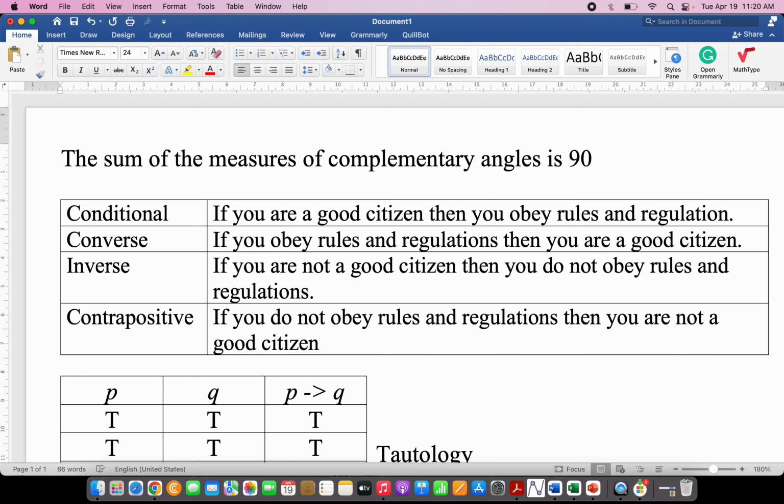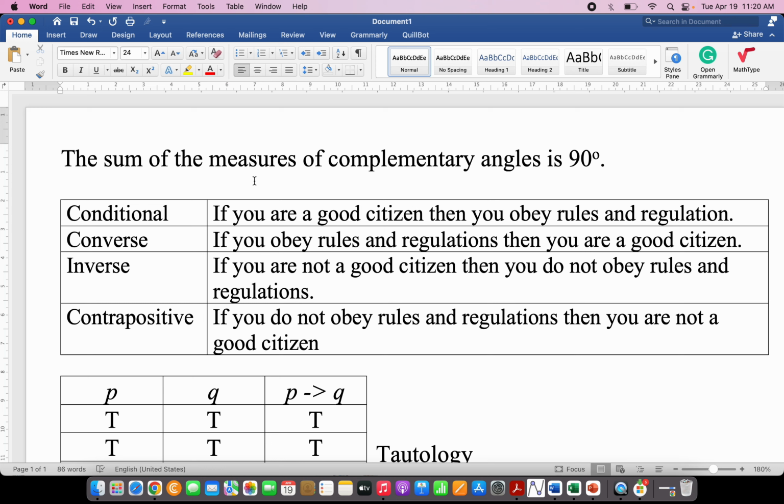Ano ba? Exponent 90 degrees. Ayan, 90 degrees. So pwede namang word. So the sum of the measures of complementary angles is 90 degrees.